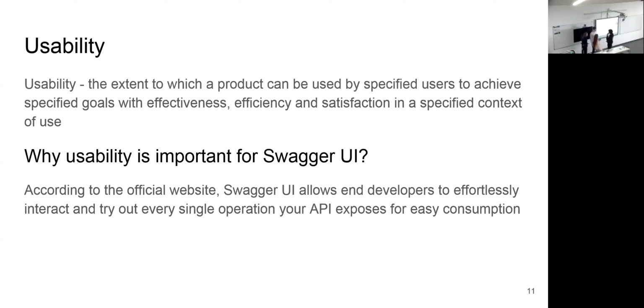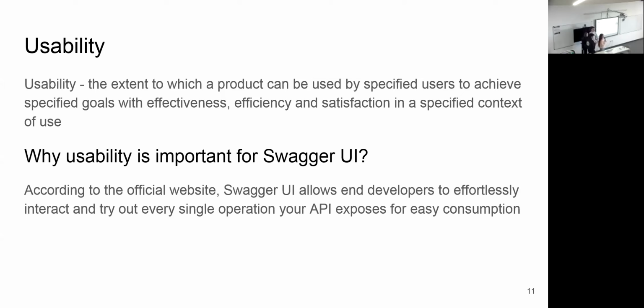So next we'll talk about usability. Okay. As we know, usability is a degree of ease with which a system can be used to achieve some required goals. Why is usability important for our project?